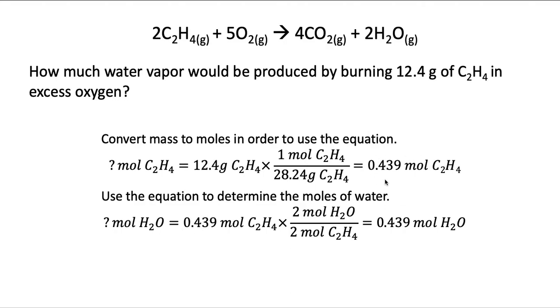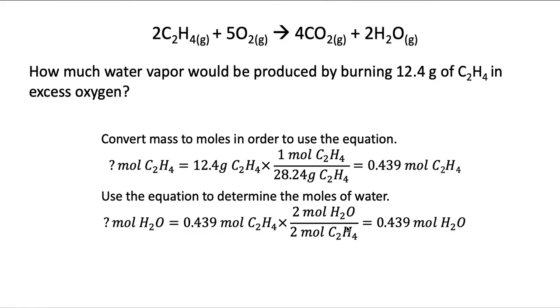Well, I start with the amount of C2H4 that I calculated, 0.439 moles of C2H4, multiplied by the molar ratios of these two compounds. I want moles of water on top, so I write 2 moles of H2O over 2 moles of C2H4. So for every 2 moles of H2O that I form, I burn 2 moles of C2H4. That's what this is telling me.